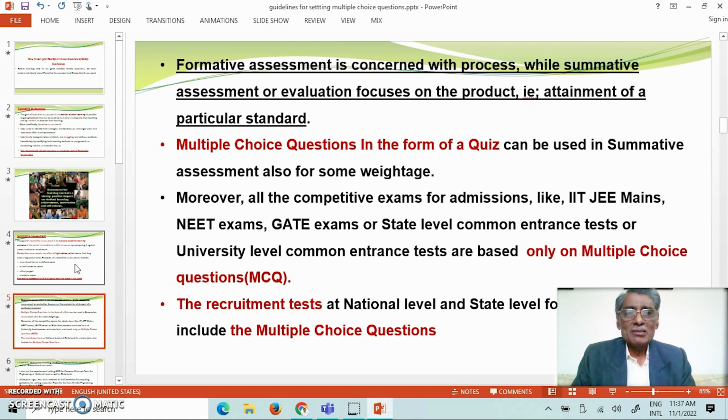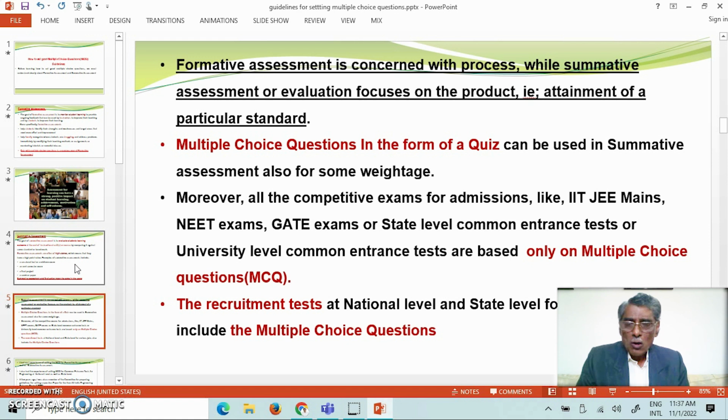Formative assessment is concerned with the process, while summative assessment focuses on the product, that is, attainment of a particular standard. Multiple choice questions in the form of a quiz can be used in summative assessment also for some weightage.